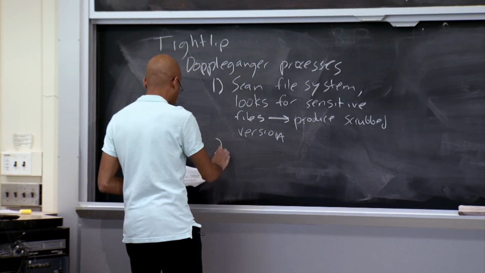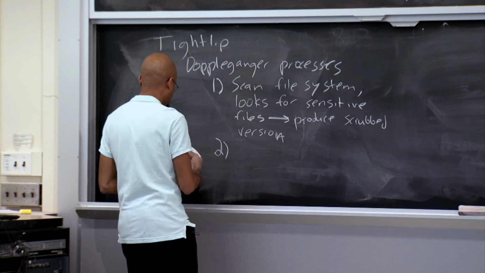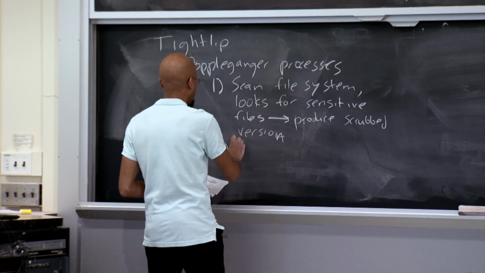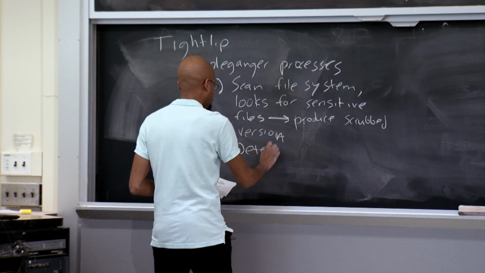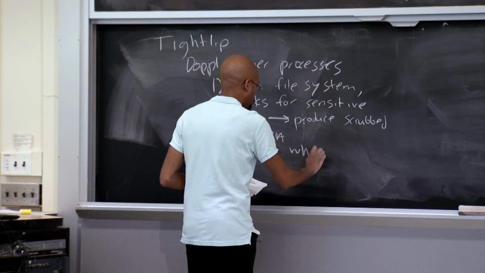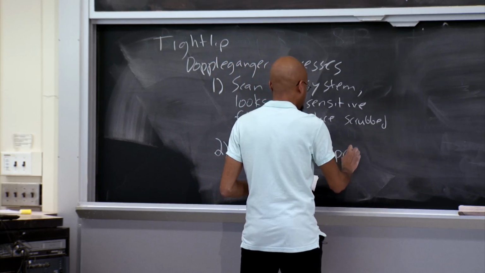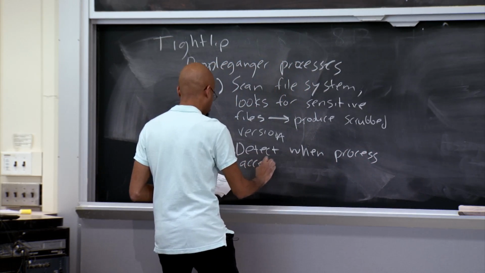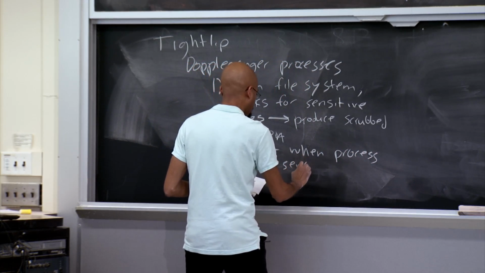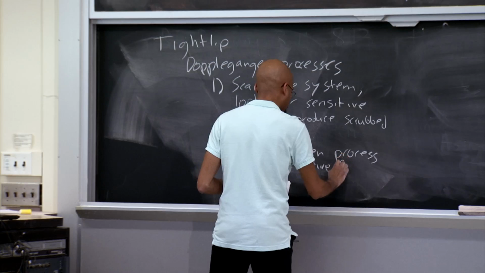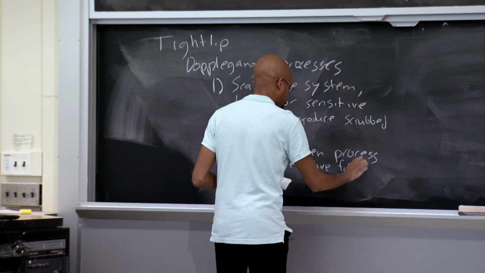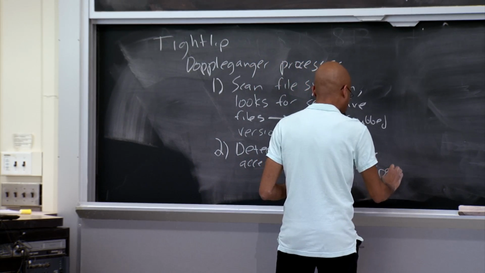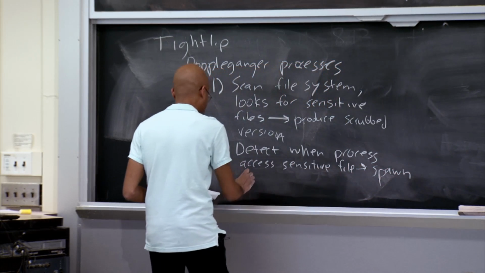Then the second thing it does is, at some point a process is going to start executing. TightRope is going to detect when and if the process tries to access a sensitive file. If such an access does take place, TightRope is going to spawn one of these doppelganger processes.